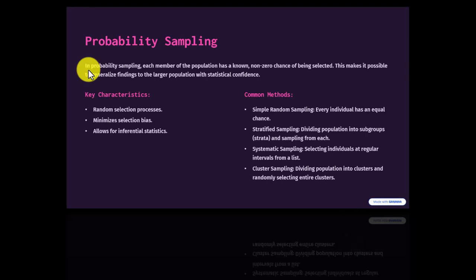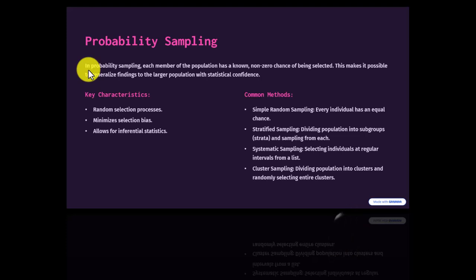So, in probability sampling, I said each member has a known or non-zero chance of being selected. This makes it possible to generalize findings to a larger population with statistical confidence. That means the ability to generalize in that type of sampling is higher than other ones.